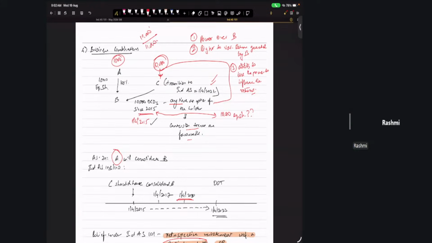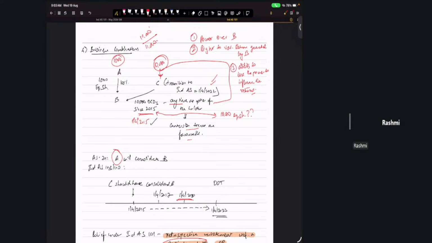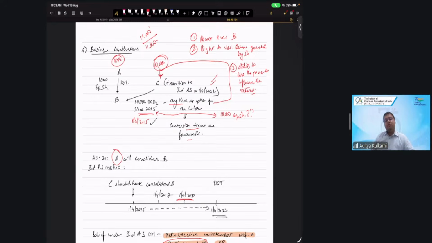This is not there under the accounting standard. AS 21 does not recognize this. AS 21 asks a simple question: on 31st March, who is holding the share capital of B? Answer is A. C is standing somewhere in the corner and saying, I have 10,000 optionally convertible debentures.